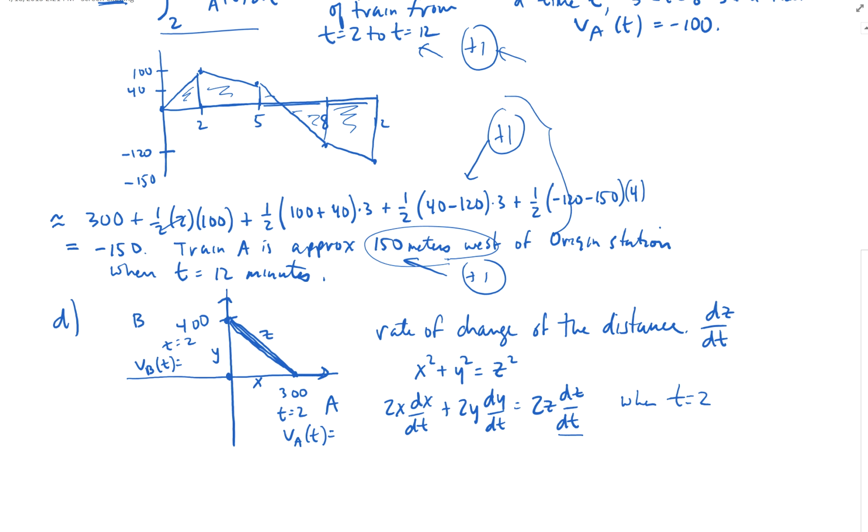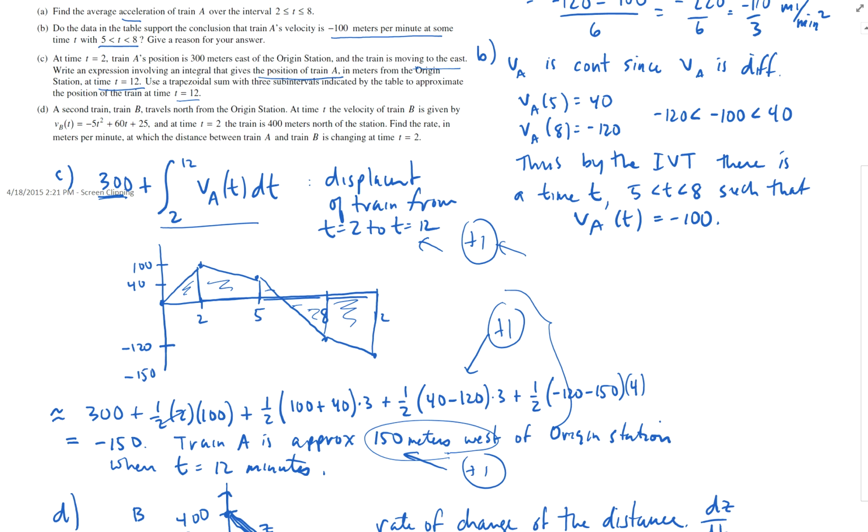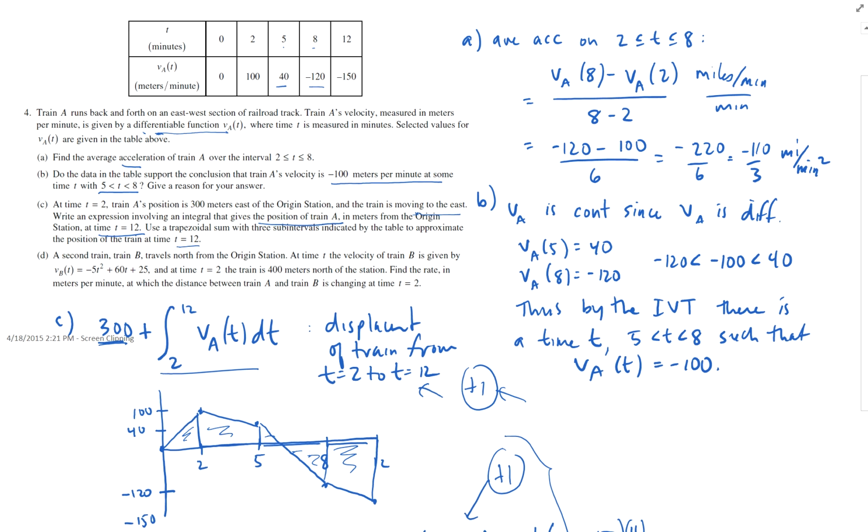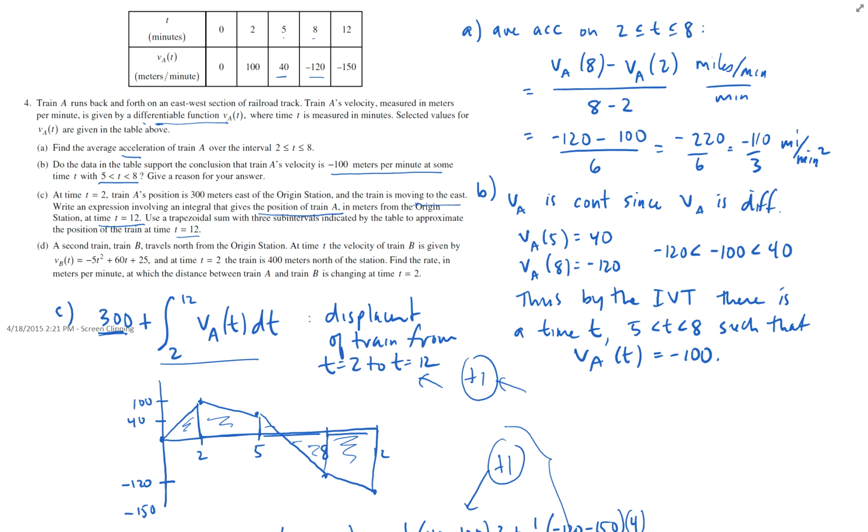Do you know what dx dt is? The rate of change of the first train at 2. It doesn't tell us what it is, but can I figure out what it is?